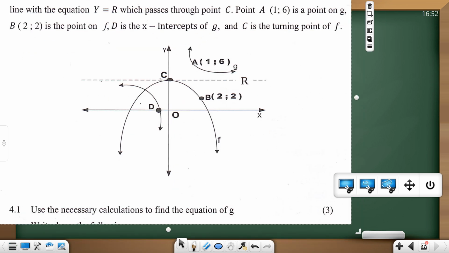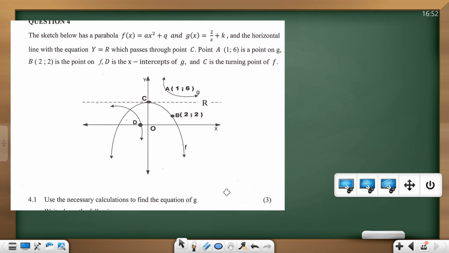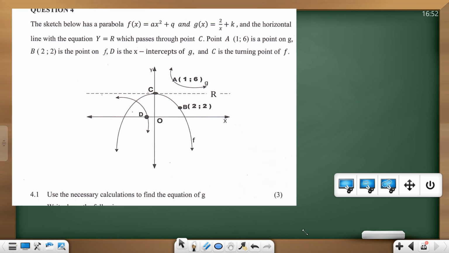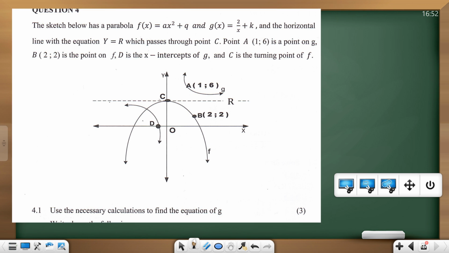I'm sure they gave you all the information. All right. You said 4.1. Oh, so I meant finding the equation of F. Sorry, sir. I thought they meant finding the equation of F. Yes, sir.